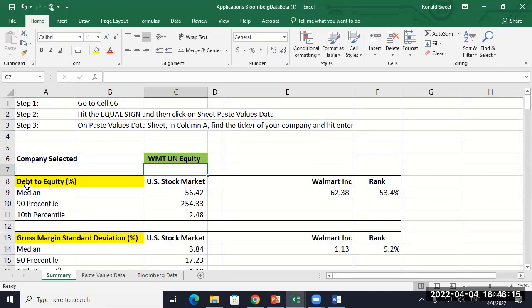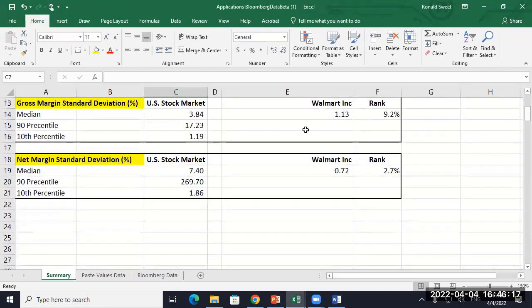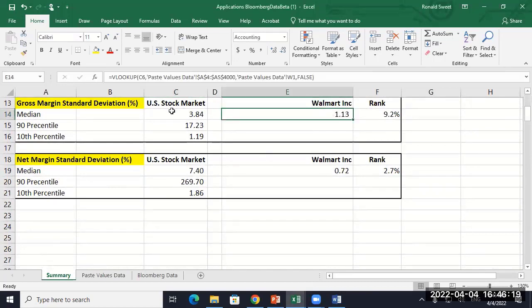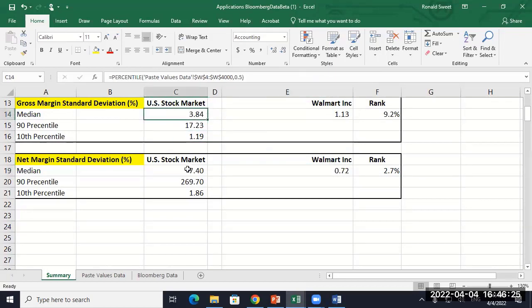All right, so when we look at Walmart, as you would expect, the standard deviation of their gross and net margins is much lower than that of the typical company. And you would absolutely expect that for a firm like Walmart, a retailer. When you have thin margins, you better have stable margins, right?